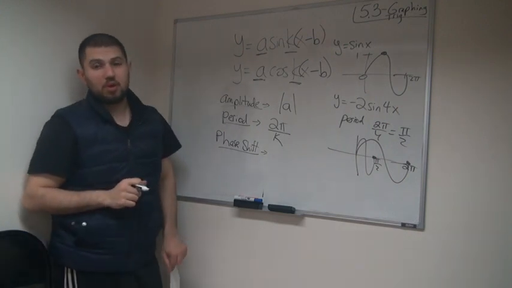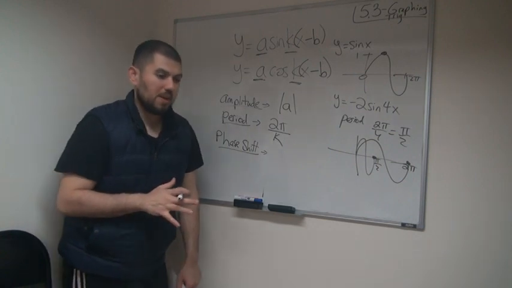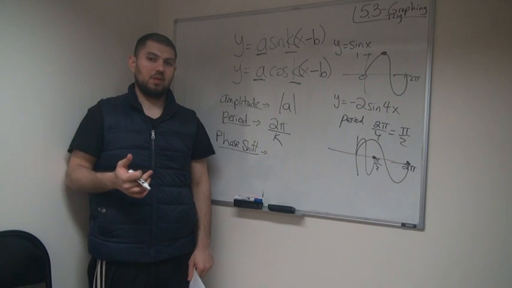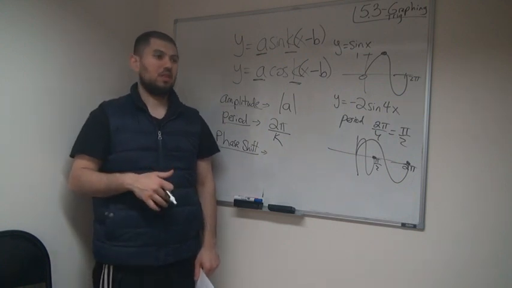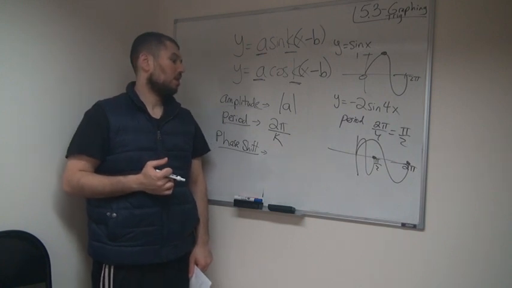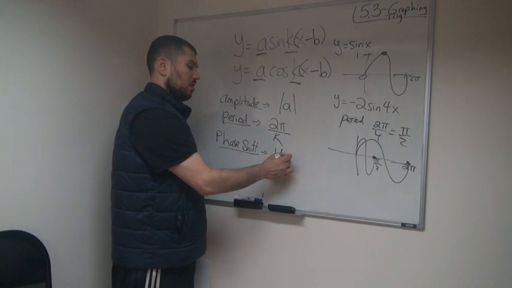If you remember, when we were manipulating standard polynomial functions with vertical shifts, horizontal shifts, stretching, shrinking, and the reflections, phase shift is the exact same thing as a horizontal shift.